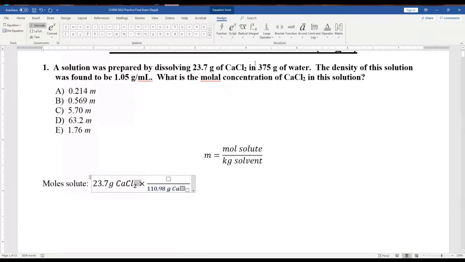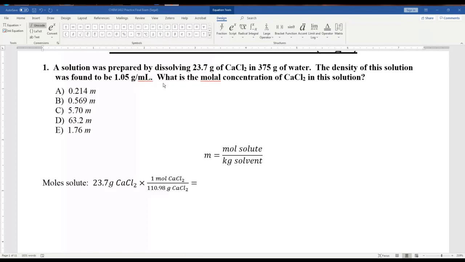Okay, so this is going to give you 1 mole of calcium chloride. I'll just go ahead and calculate that, and what do I get? You guys are going to be my calculators. I'm going to trust in you to give me the right answers.